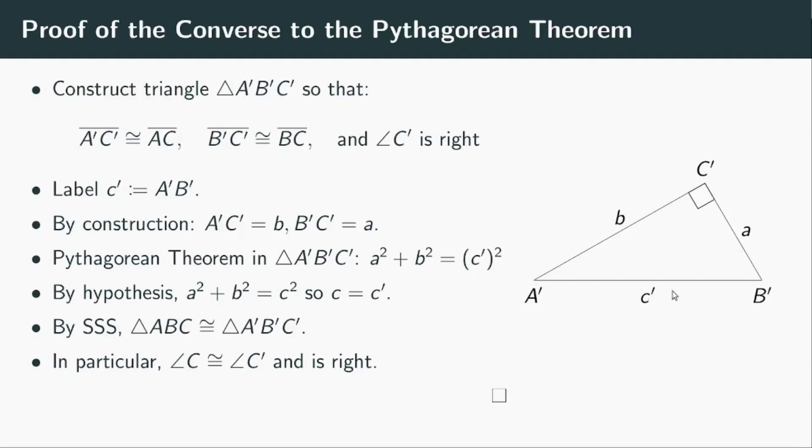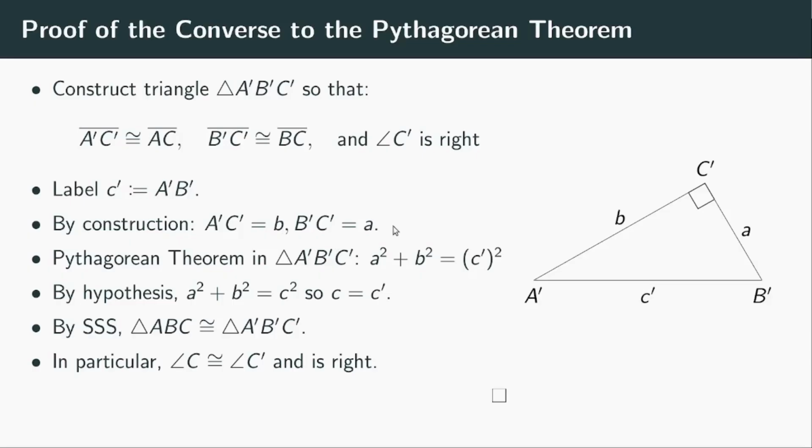So this is a little schematic representing my new triangle. I have the side length a from my old triangle here, side length b from my old triangle here, a right angle in C prime by construction, and this unknown length of the hypotenuse c prime.